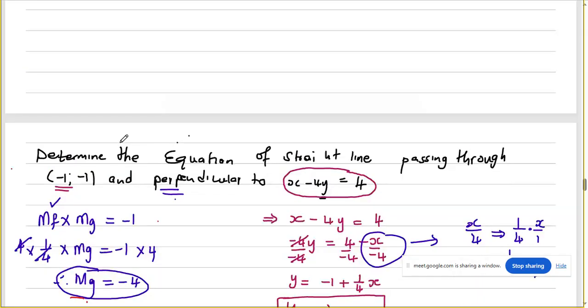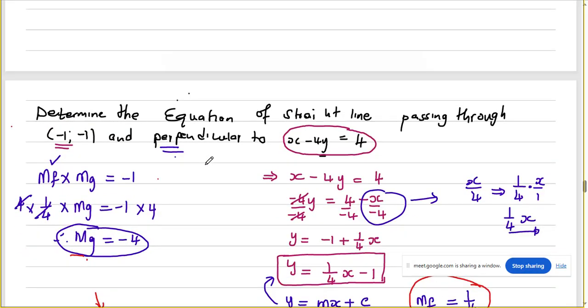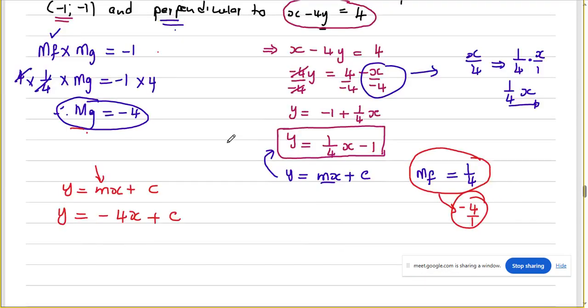To find c, we use the point that is given because they said that this equation is passing through -1 and -1, meaning that we can sub in that point and make c the subject of the formula. So we can sub in the -1 and the -1.